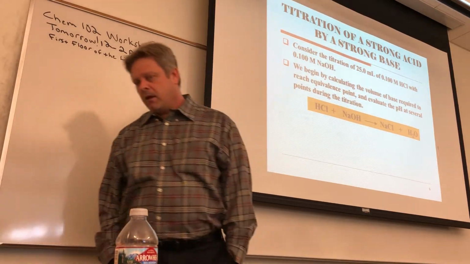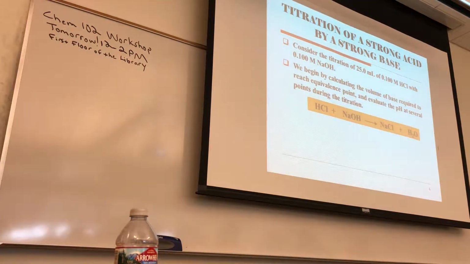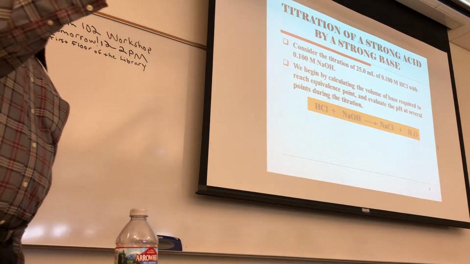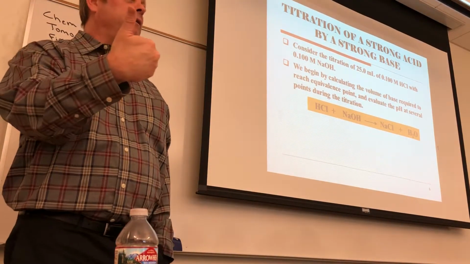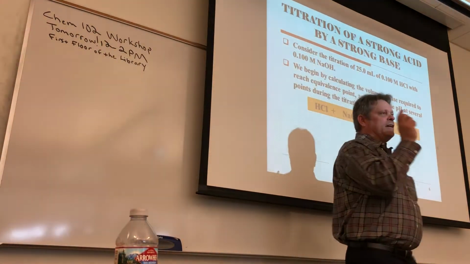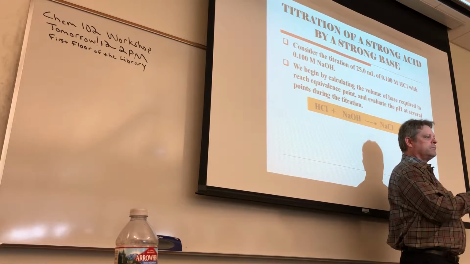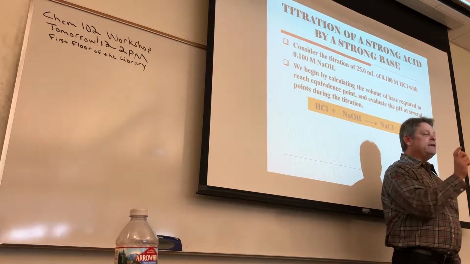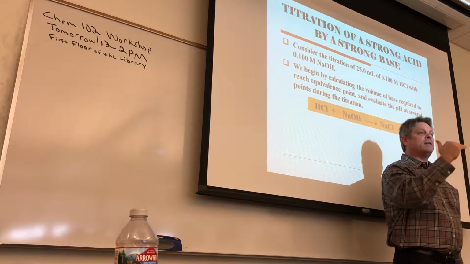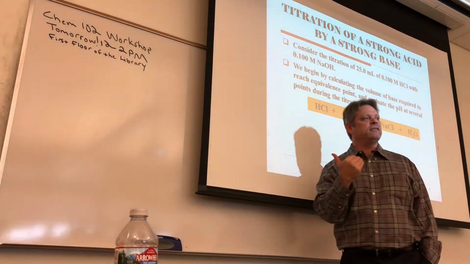Okay. Now, remember, we worked our way through making buffers where we had a weak acid and its conjugate base. And sometimes we'd put things in to make that happen. Now what I'm saying is, what if I have a strong acid and a strong base? So what am I doing? I'm making sure you're aware of the different things, and I'm going to talk about this because you have to find the pH through different methods on each one of these kinds of things, right?